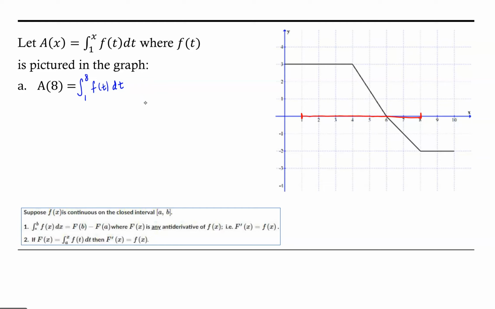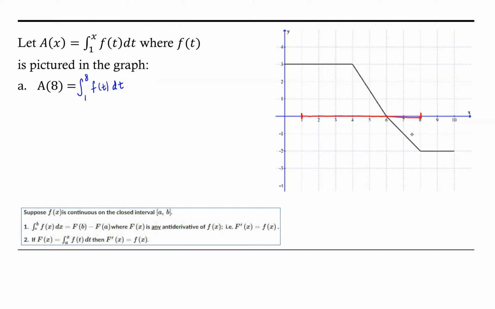And we want to find the integral from 1 to 8 of that particular function. So what I notice is that on the left side of 6, where the graph crosses the x-axis, my function is entirely positive. And on the right side of 6, my function is entirely negative.